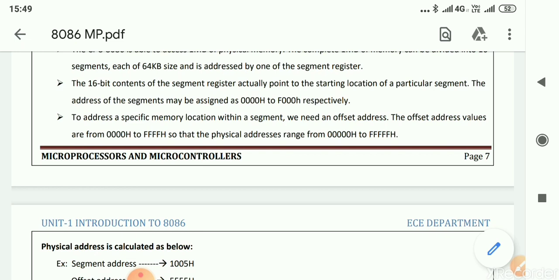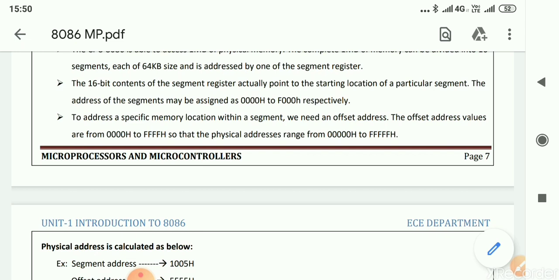As we know that the address bus of the 8086 microprocessor is 20 bit, so the physical address range can be from 00000 in hex to FFFFF in hex. Okay, because the maximum address of the physical memory can be 5 times F in hex, that is 20 bits. All the F can be written as 4 ones, so 4 times 5, that is 20 bits.